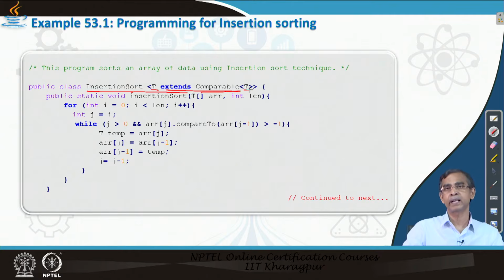There are many comparable data types, like all numeric data types, which are subclasses of the class Number, like Integer, Float, Long, Short, Double, and also the String class. So for this T you can use any subclass of Number as well as String.